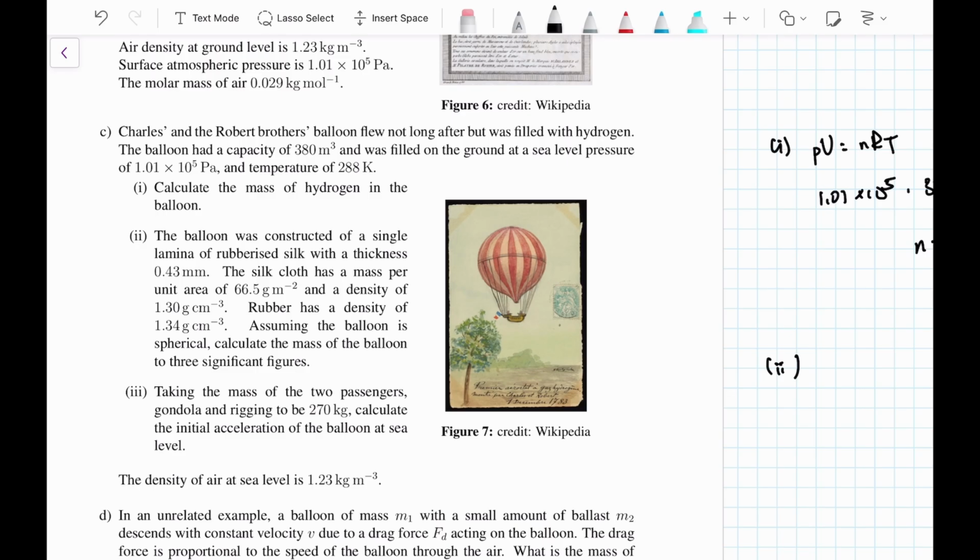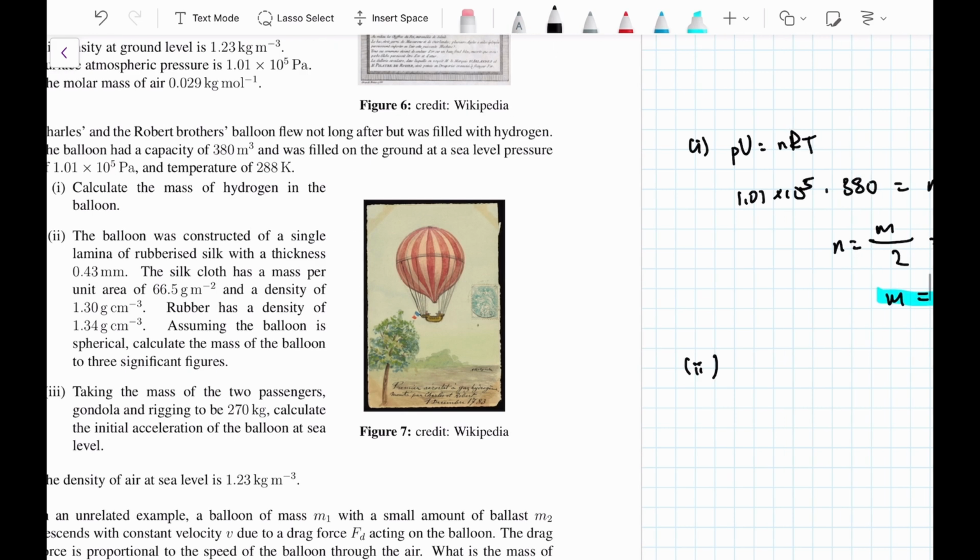Okay, so basically using the mass per unit area and the density of the silk, we can calculate the area of the balloon, which we could utilize to get the mass of the rubber.